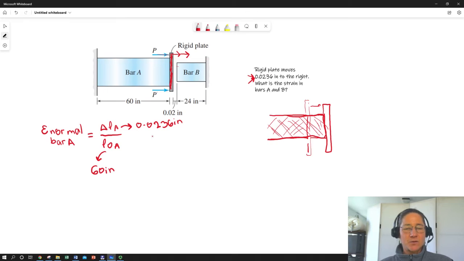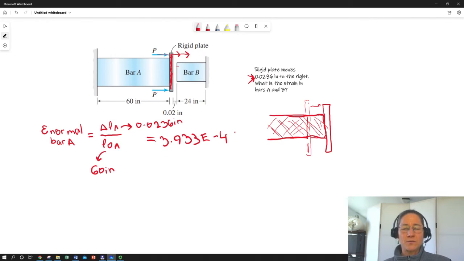So strain is equal to the ratio of those two. So we have 0.0236 divided by 60. And we're going to express this in terms of microstrain. So what we get out of our original ratio is 3.933 times 10 to the minus 4. And of course that's a dimensionless value. Strain has no units.